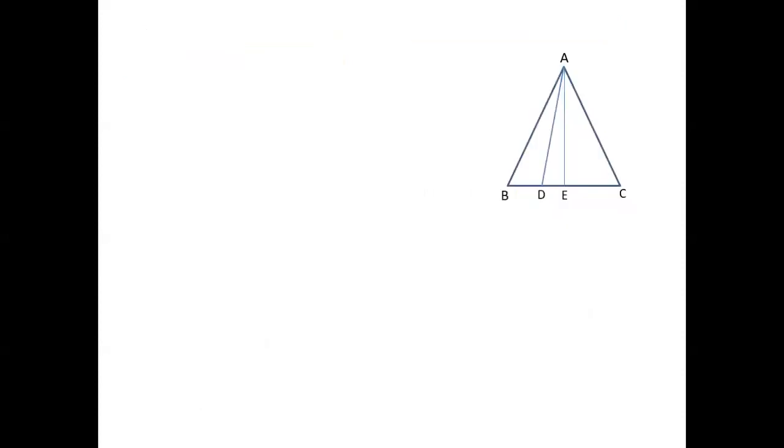Now, this is your figure. BE is equal to 1 by 2 BC. This is your fourth condition. And we have BE is equal to BD plus DE. BE is 1 by 2 BC and BD is equal to 1 by 3 BC.